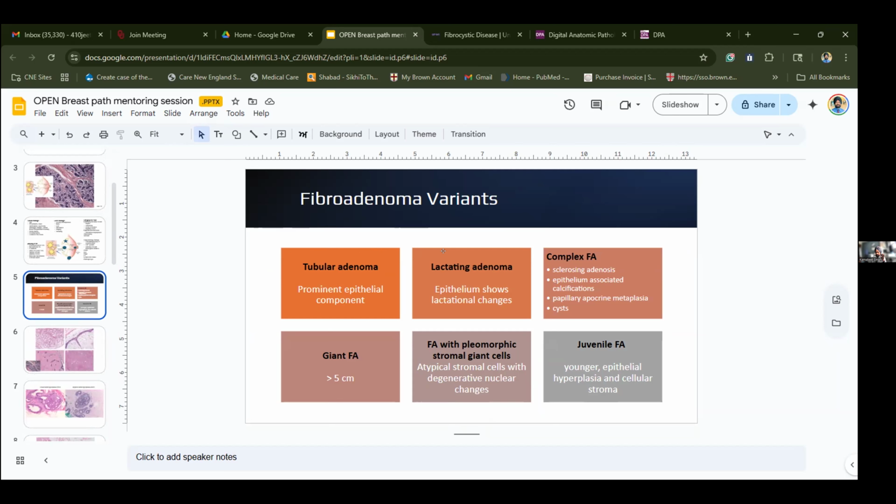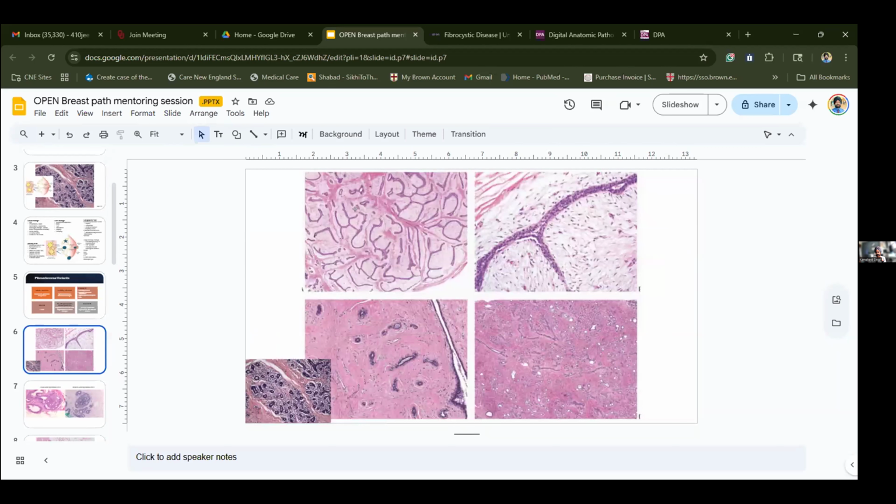So you have to keep in mind what a fibroadenoma is. It's a combined proliferation of epithelial structures. These blue lined spaces are epithelial structures, and then this is the stromal tissue that makes it the fibrous and adenomatous component, fibroadenoma. And then based on other findings, you can classify it into one of those 6 types.